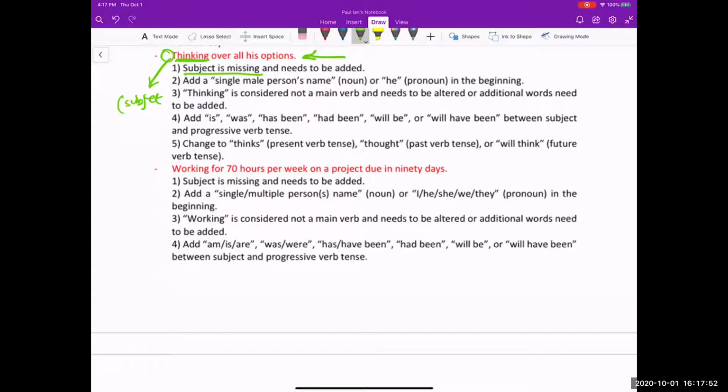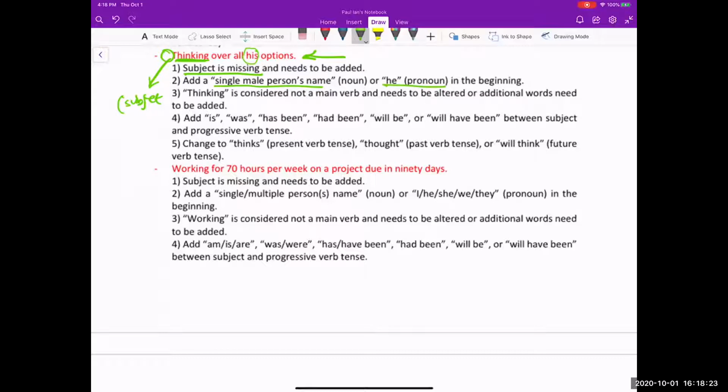Most of the sentences will not trick you, but oftentimes this is when you actually look at this. You have a limited choice. So it can't be a female. That's when I look at the pronouns: a single male, and then he. You could say he instead of a noun.